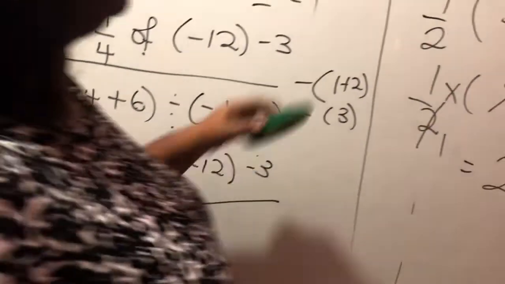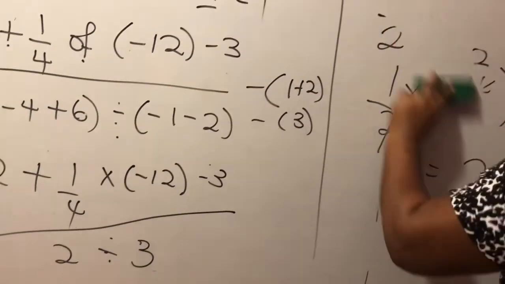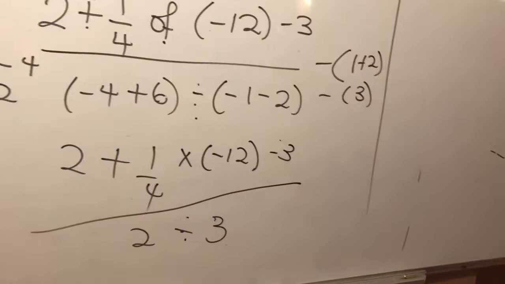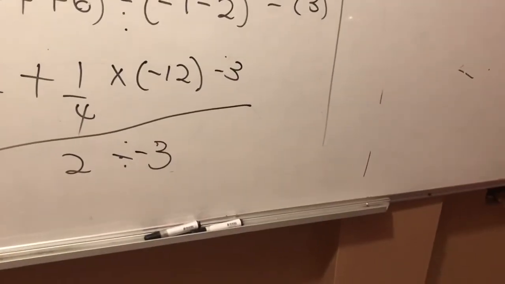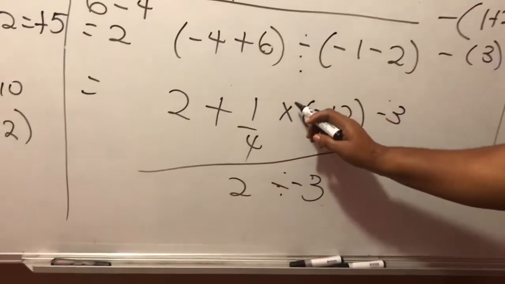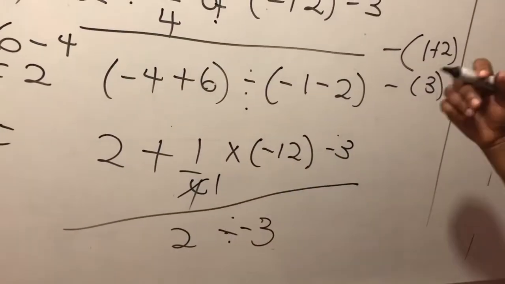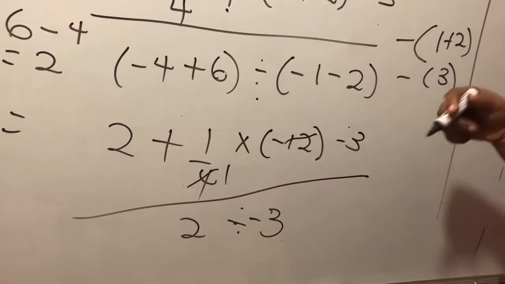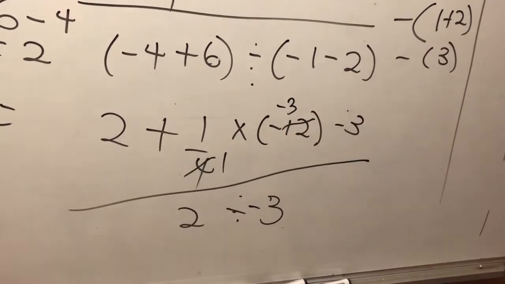Okay, so you are continuing. It's negative 3 divided by negative 3. Now, we are still working with our of, right? 2 goes into itself 1, 4 goes into itself 1. Now you have a positive and a negative, so definitely your answer must be negative. So you have a negative 3 here as your answer.